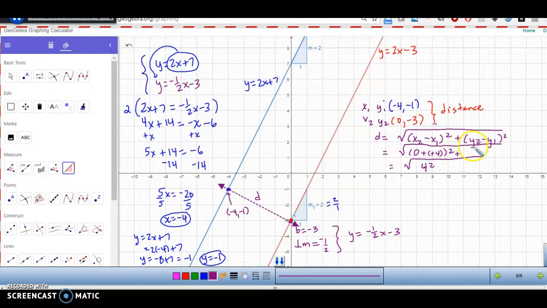And then I'm going to have my vertical distance, which we're going to find out in just a minute, is 2. My y2 minus my y1 is going to be negative 3 minus negative 1.